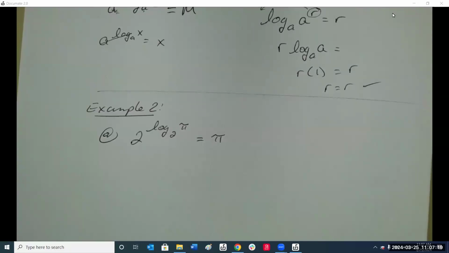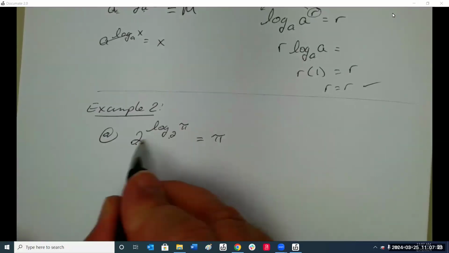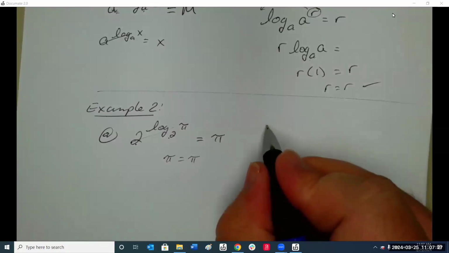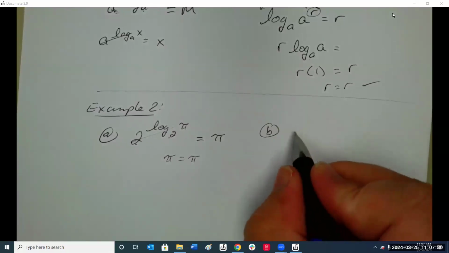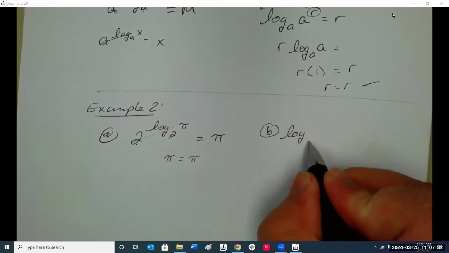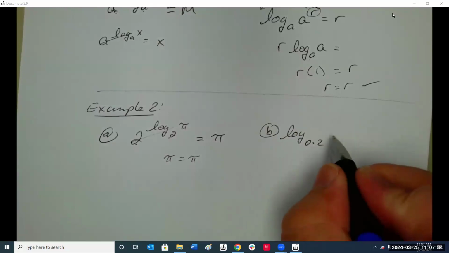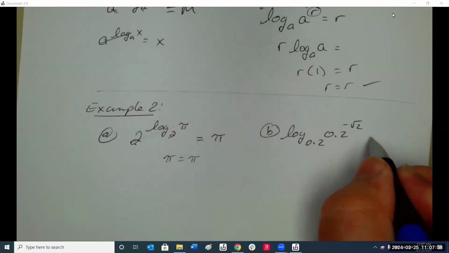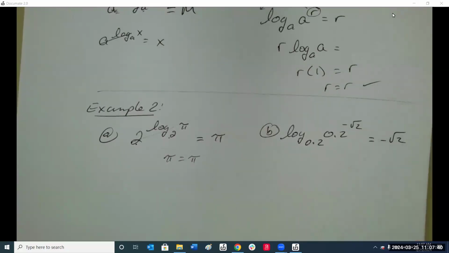True or false? True, because since the bases are the same, pi equals pi. Log base 0.2 of 0.2 to the power negative radical 2 equals negative radical 2.